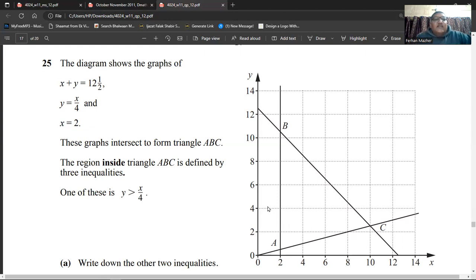These graphs intersect to form a triangle ABC. The region inside the triangle ABC is defined by three inequalities. One of these inequalities is y is greater than x by 4. So the inequality of this AC line is given. The region inside the triangle is above this line, that's why the crocodile's mouth is towards the y.